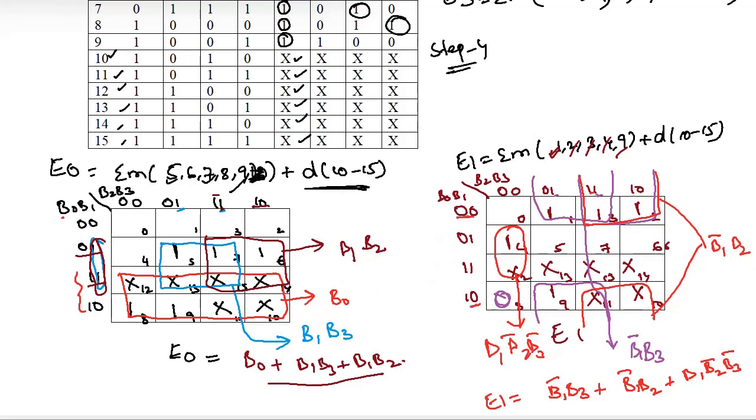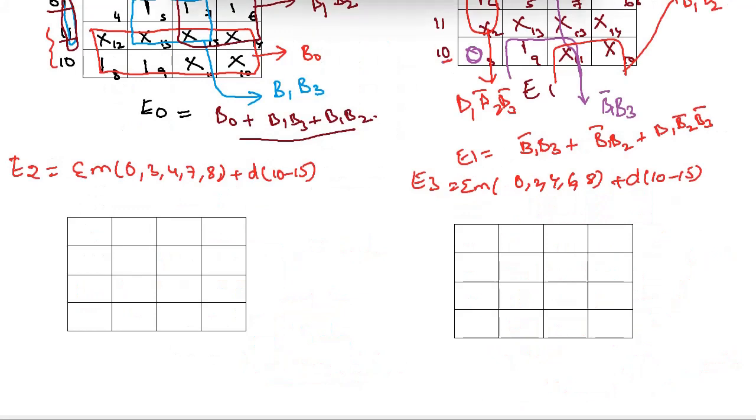Now see here, the E2 and E3 functions. This is the E2 function. The rows indicate 0 0 0 1 1 1 1 0, again 0 0 0 1 1 1 1 0.